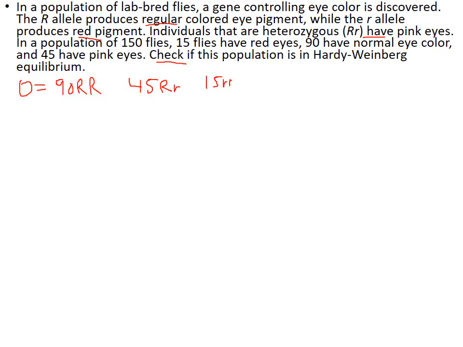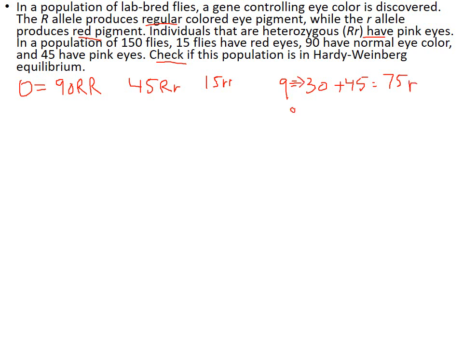So let's try to find our q first. For q, I have 30 little r's from the 15 little r individuals, plus 45 from the heterozygous individuals. So 30 plus 45, 75 total. So this might work for my q. 75 total little r's.